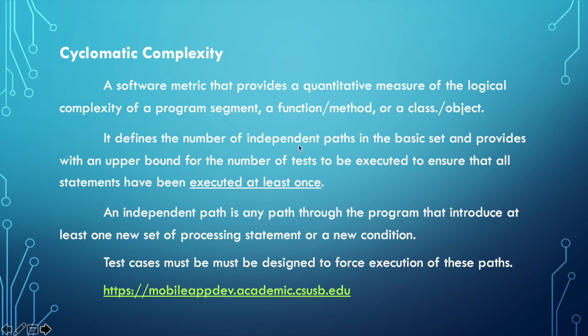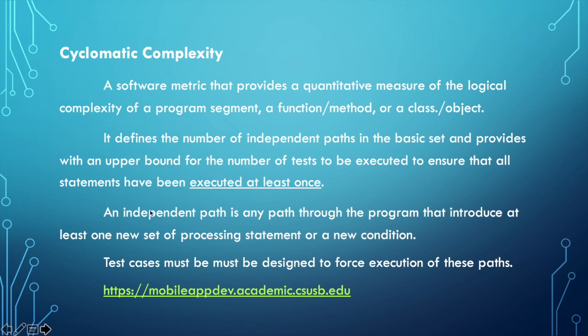It's the number of independent paths in the basic set, and you have an upper bound for the number of tests to be executed to ensure that all statements are at least executed once. So this is a kind of limitation that we don't really need 100% coverage of all test cases. As long as we can execute it at least once, that should be enough.